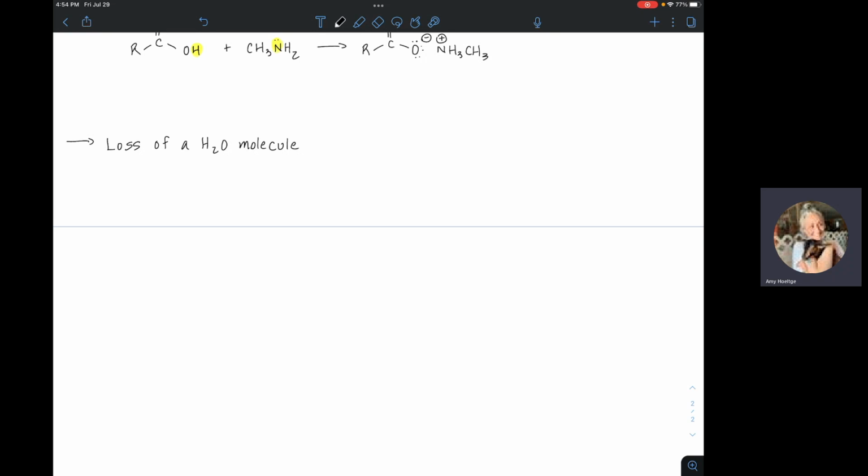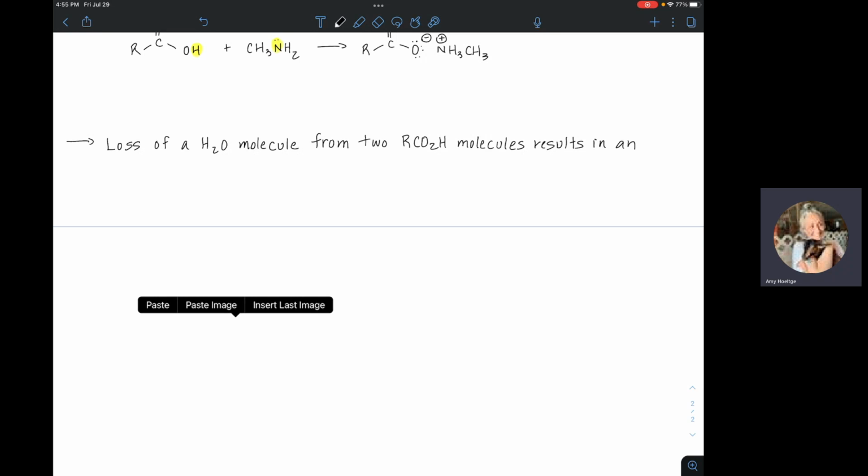So loss of a water molecule from two carboxylic acid molecules. So essentially condensing these two to spit out a water molecule will form an acid anhydride.